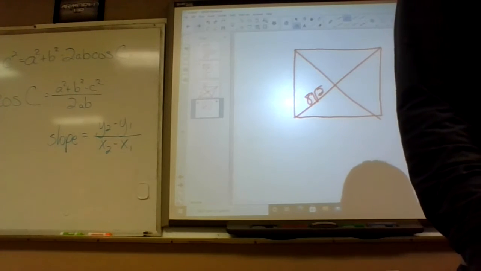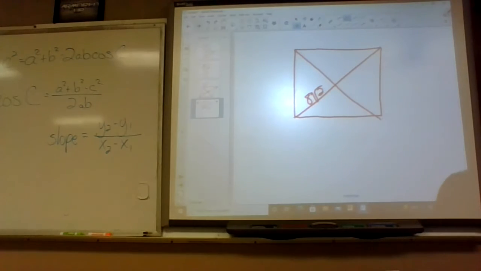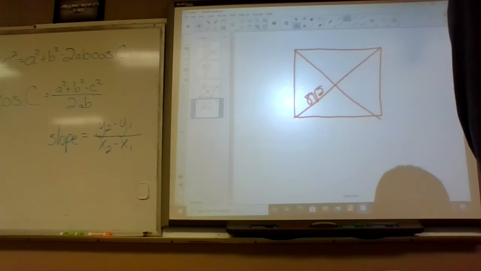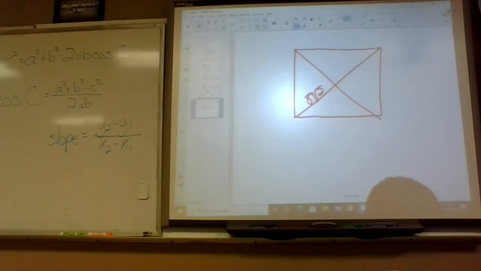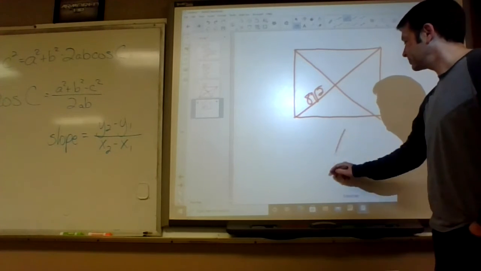Number 13. I might regret having assigned these. We'll see. Okay, the options are always, sometimes, or never. This is not the B section, but it probably should be. These usually trick people. The consecutive angles in a rhombus are congruent. Let's look at pictures.